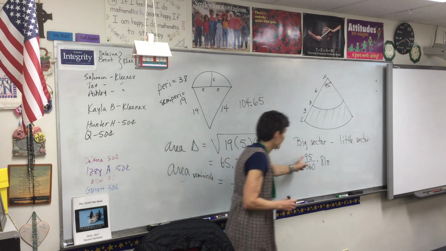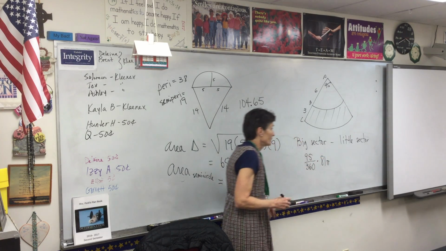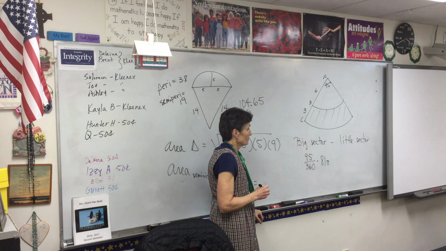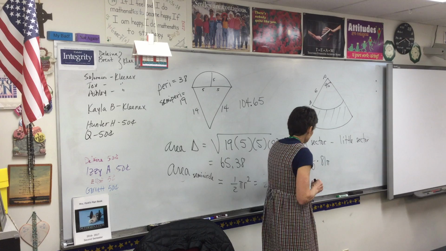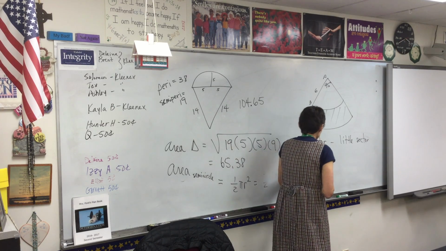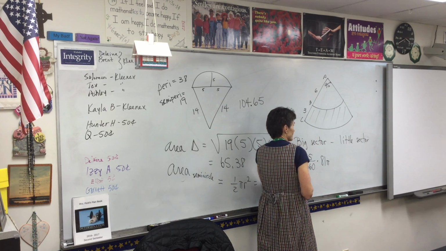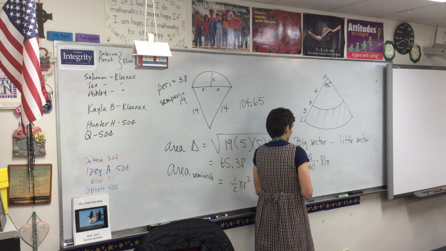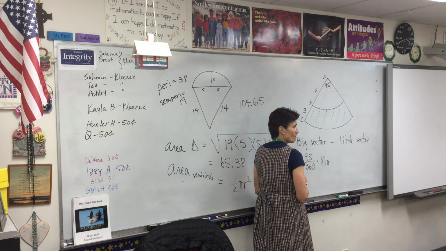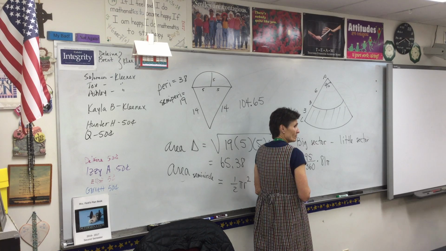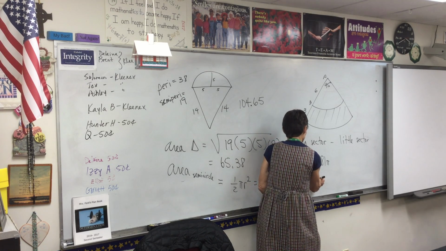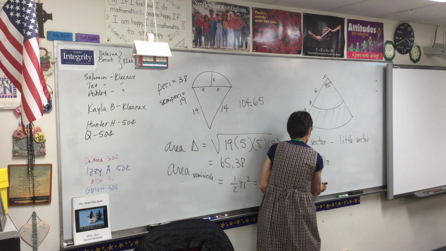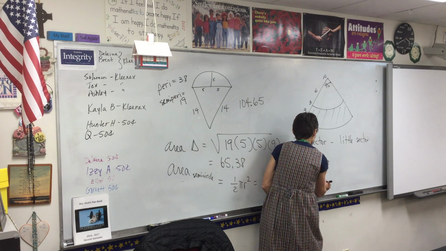All right, so go ahead and figure out what that is. Let's do it exactly first. Does 95 over 360 reduce? Yeah, by 5. So what is that? 19 over 72. That doesn't reduce anymore.